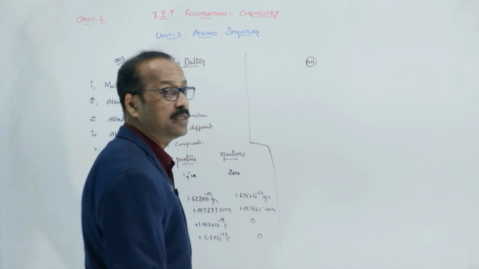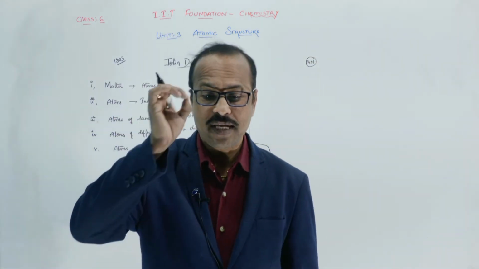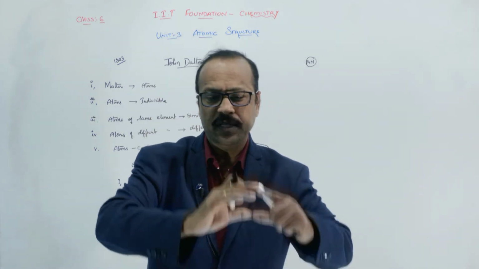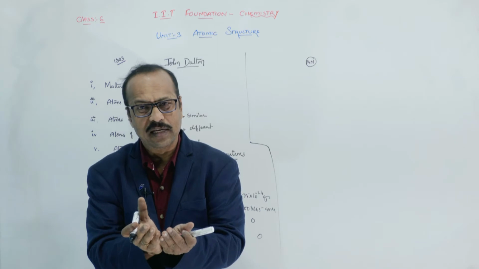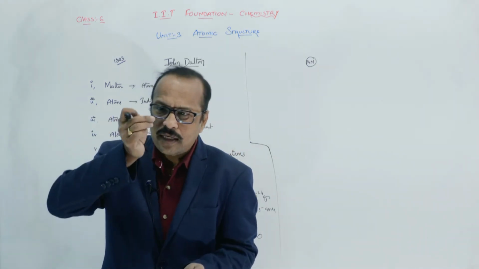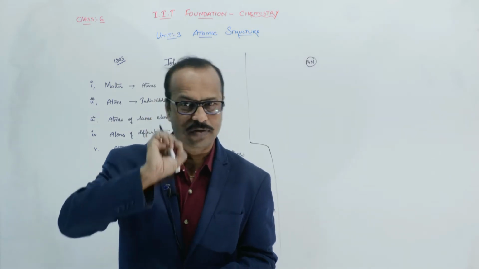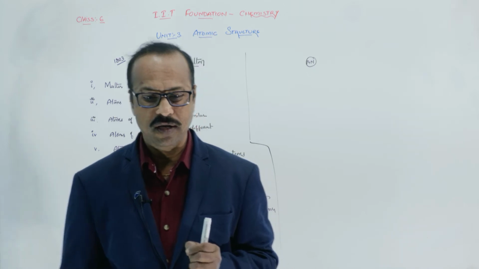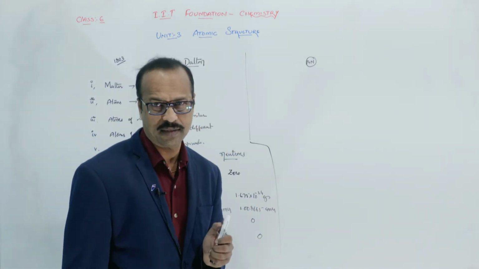What is a nucleus? Nucleus means a central small region which is present in the atom. Most atoms are spherical in shape, like round. Inside there is a very small region. That small region is called the nucleus.